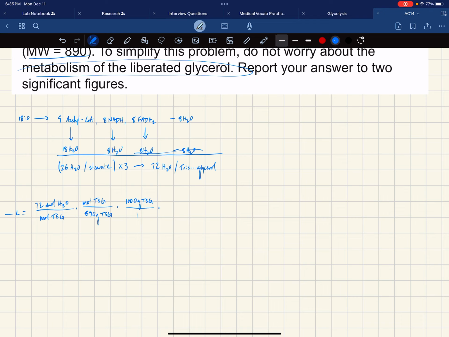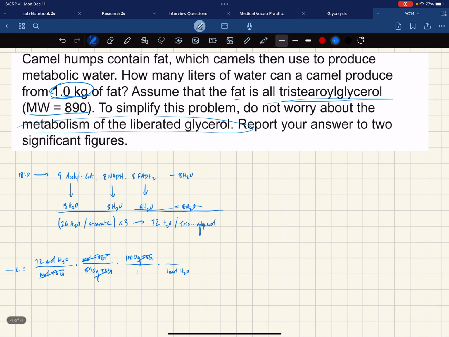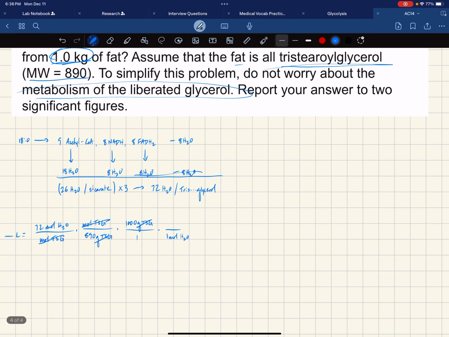And so now we've taken care of canceling out all of these things that tell us about the fatty acid chain. And so now we can just deal with the fact that we want to get to a certain amount of water. And so what we have now is that we know that for every 1 mole of water, we're going to get 18 grams of water.